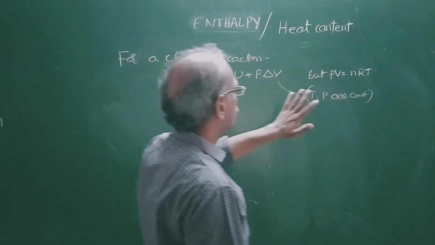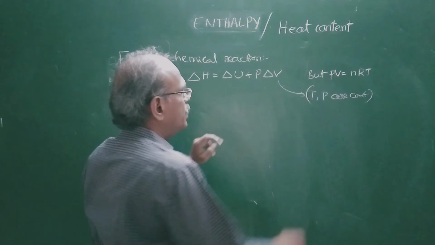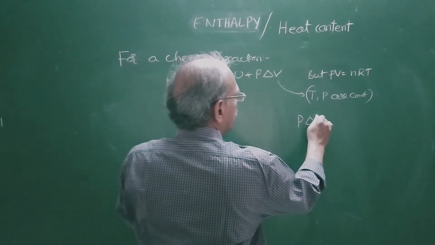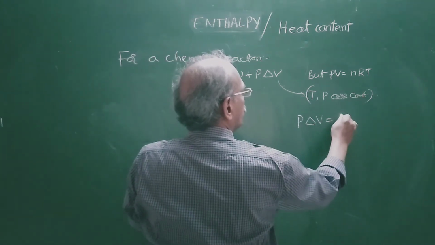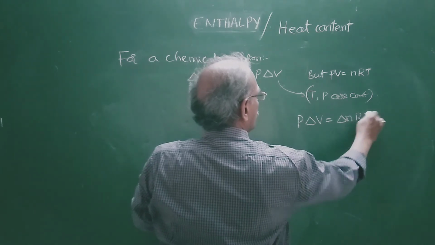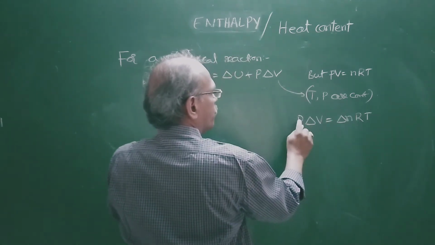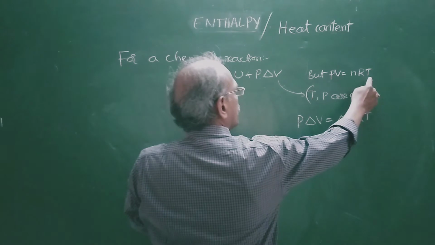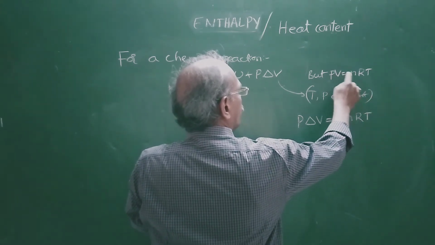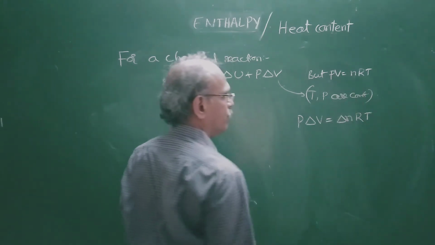T is kept constant. But the volume is changing, so P delta V is equal to delta n RT, because pressure is kept constant, T is constant, therefore volume depends only on the number of moles.